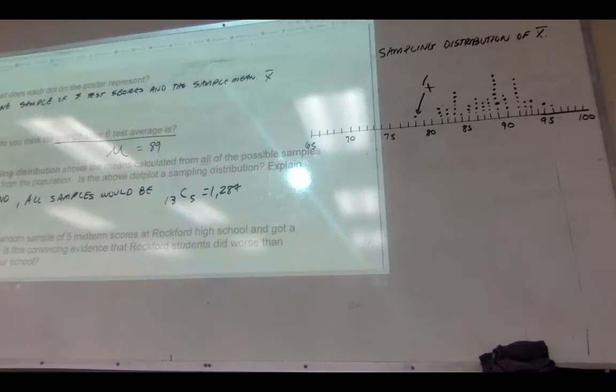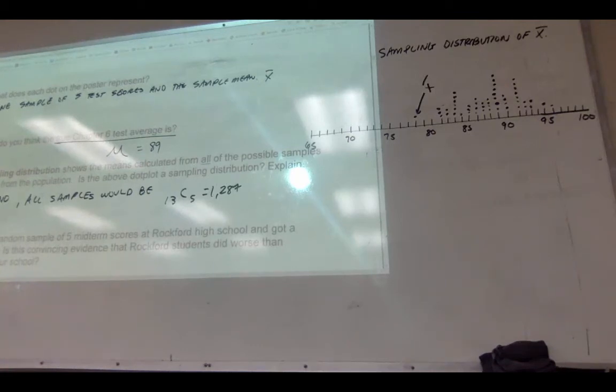Let's say we had another section of AP Stats, and their test scores had an average of 79. Is there convincing evidence? No. They did worse. It depends on the sample size.